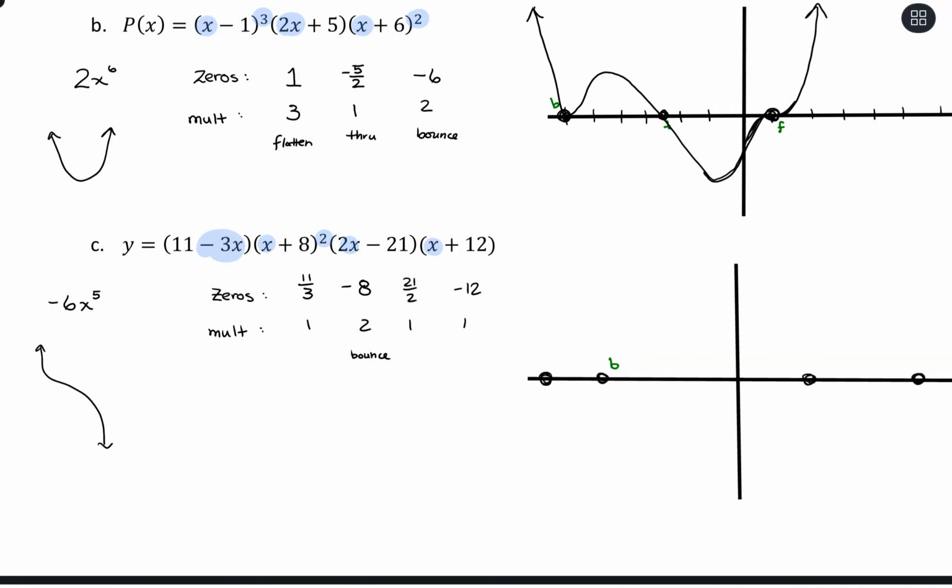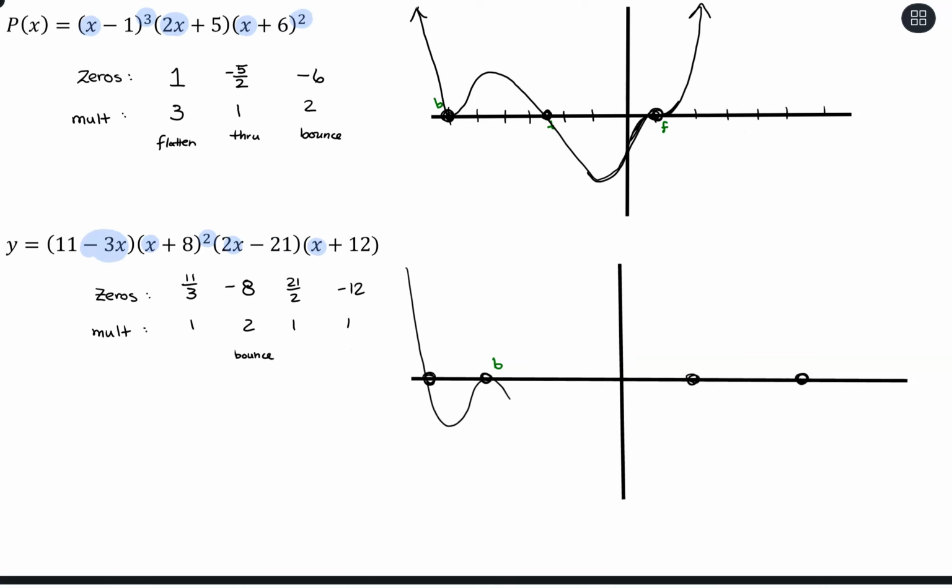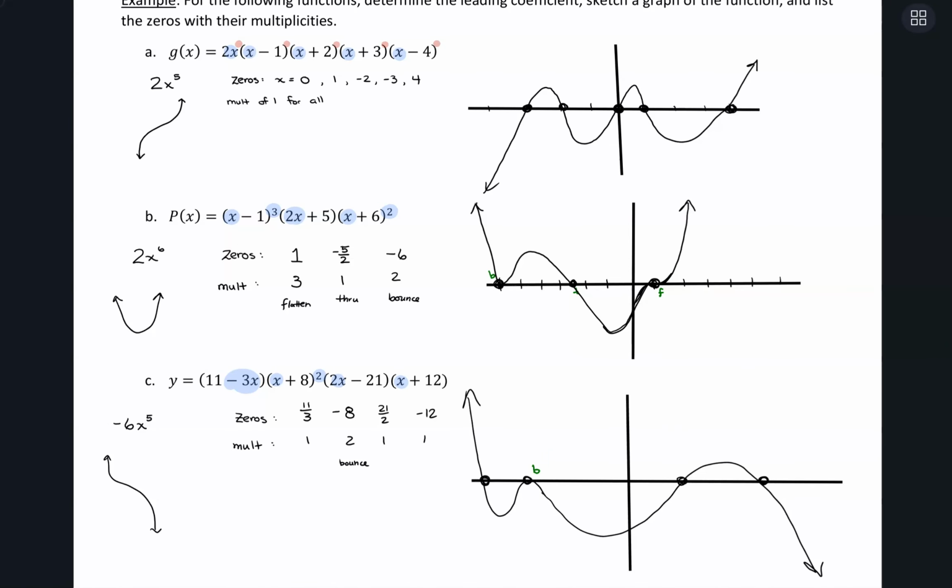So we're coming from positive infinity, and we're just going to go straight through, bounce, through, and down to negative infinity for a very, very general sketch there. But that's quite a bit of information just given the function that we can get without any sort of graphing and really pretty minimal calculations.